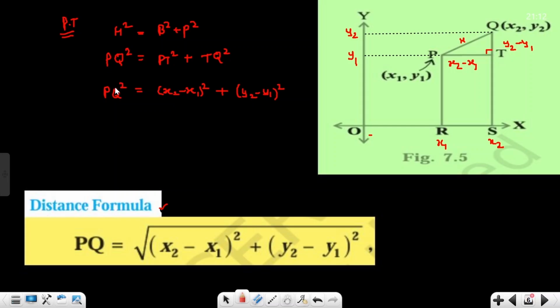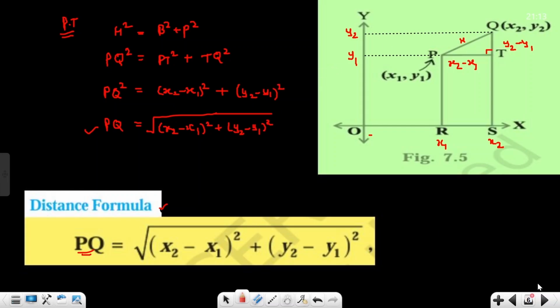Look at here, if we remove the square sign from the left hand side, then the right hand side will take a root and we write again the terms x2 minus x1 square plus y2 minus y1 square. Now it becomes the distance formula. PQ is equal to root of x2 minus x1 square plus y2 minus y1 square. If you subtract the other way, naming x1, y1, x2, y2, then also it is fine, no problem.